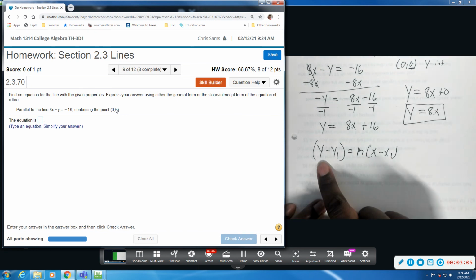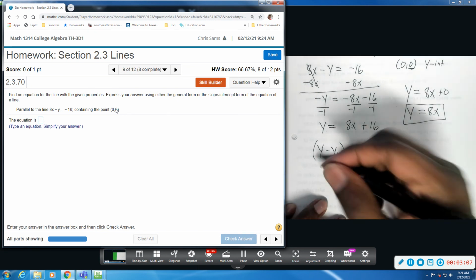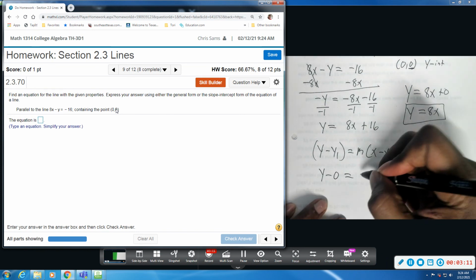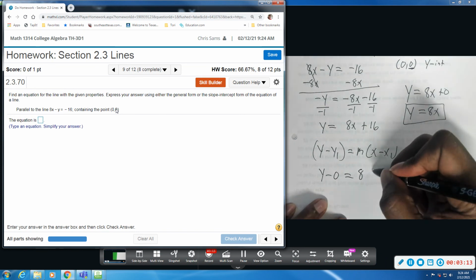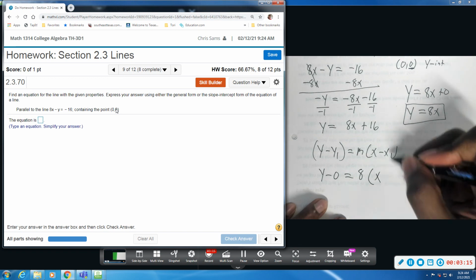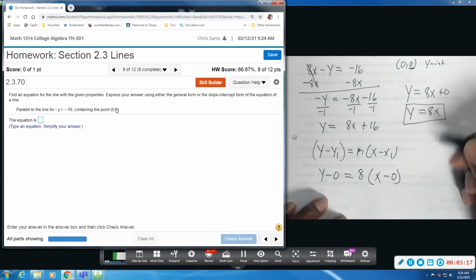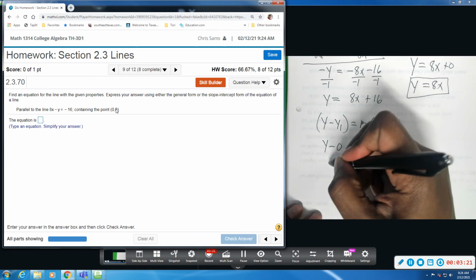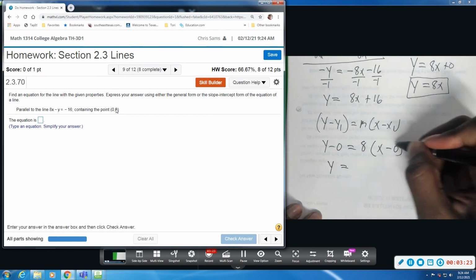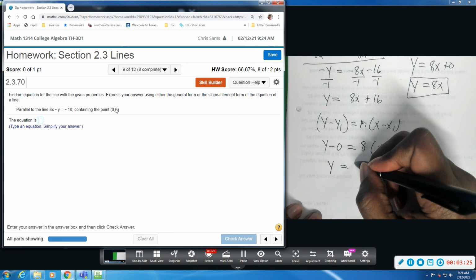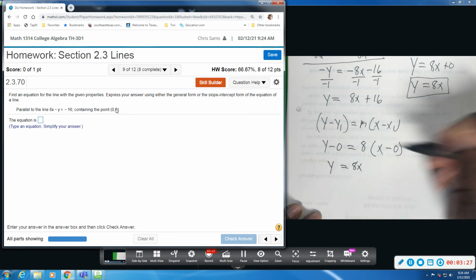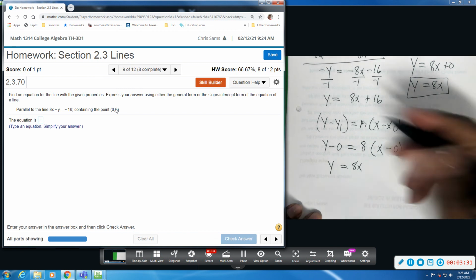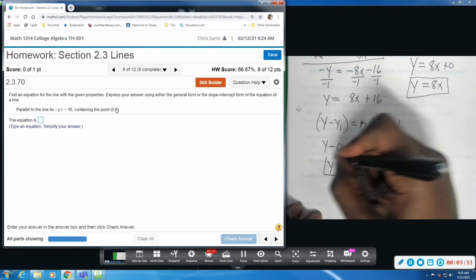Alright, so we would do y minus the y value of 0 equals our slope, which is 8, times the x minus the x value of 0. So when you simplify, we just get y equals 8x, because x minus 0 is still x. So it would be the same thing in this case.